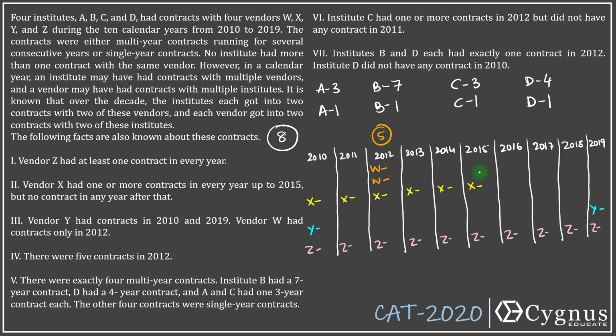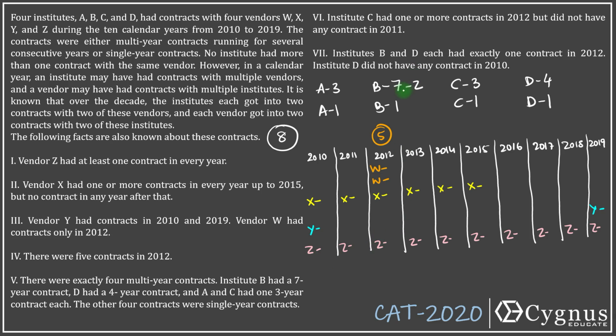Now at this point, I start to think the 7-year contract is a very long contract and only one vendor seems to have had such a long phase, Z. That means vendor Z must have got the contract with B. So I can establish that. So let me put that this vendor must have been Z. Also, we knew that there must be a repetition here.